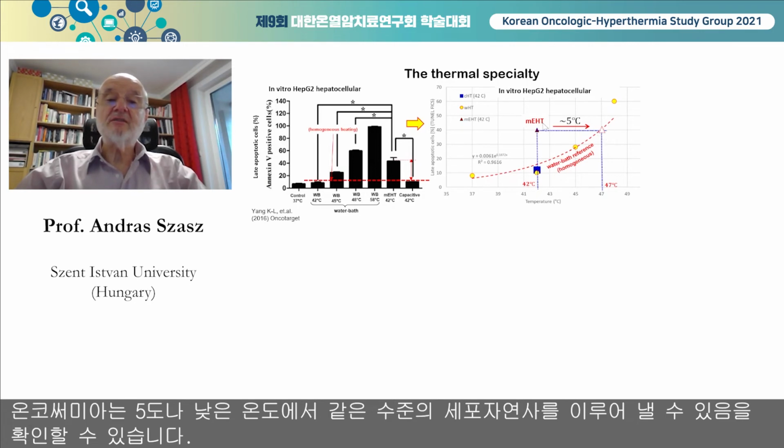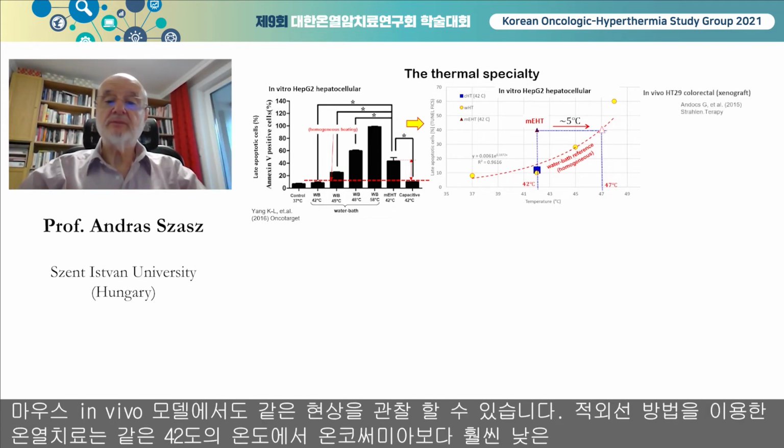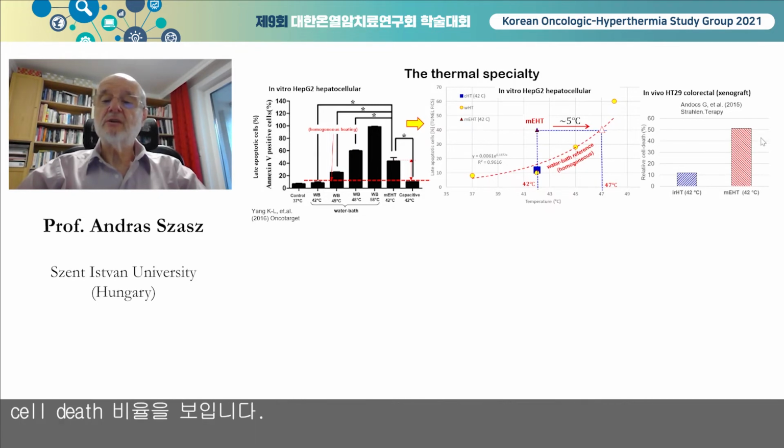So it means that the modulated electrohyperthermia rafts have a 5 centigrade higher temperature than the homogeneous area around. The same can be measured in vivo in a murine model. You see that infrared hyperthermia at 42 has a much lower destruction level than modulated hyperthermia at the same temperature.